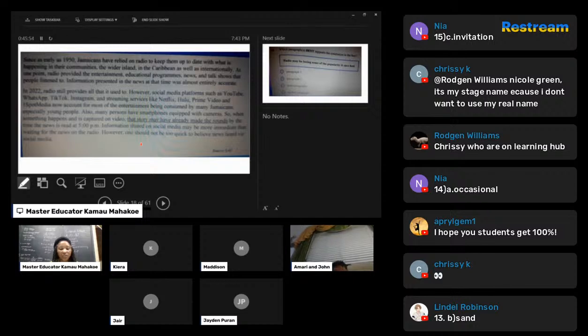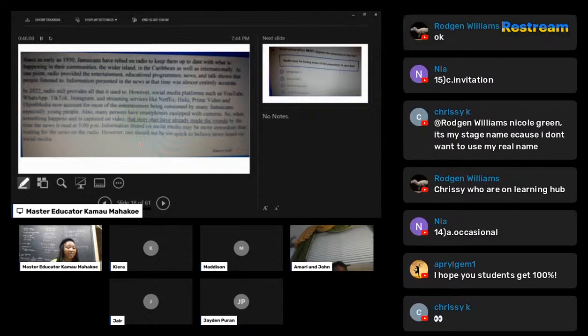However, social media platforms such as YouTube, WhatsApp, TikTok, Instagram, and streaming services like Netflix, Hulu, Prime Video, and One Spot Media now account for most of the entertainment being consumed by many Jamaicans, especially young people.